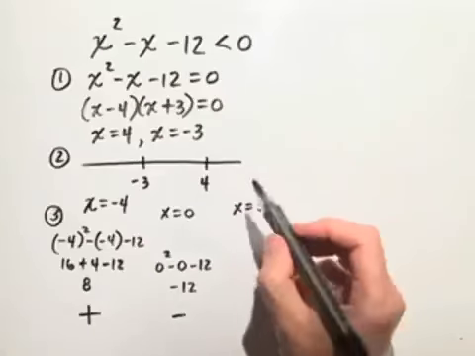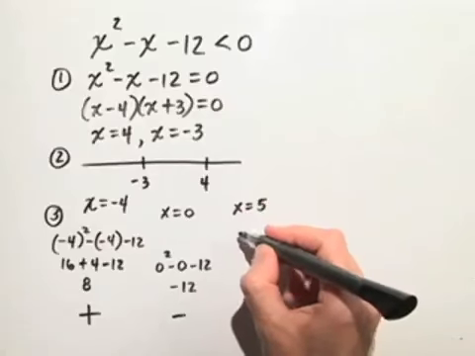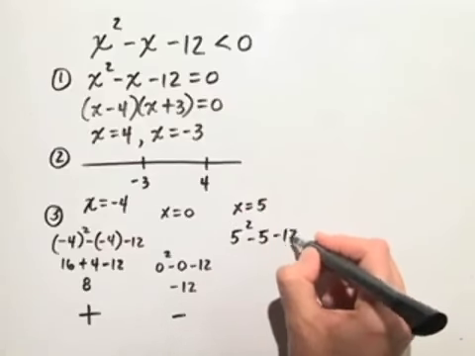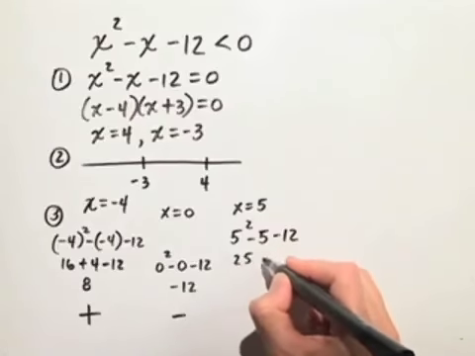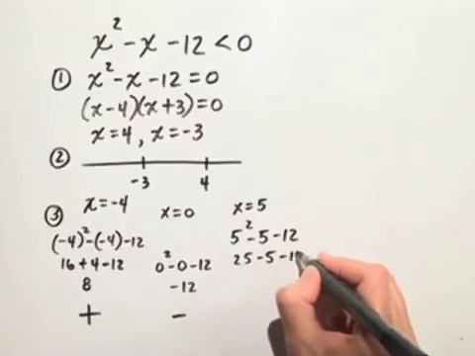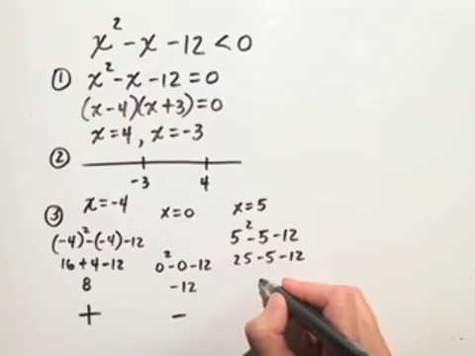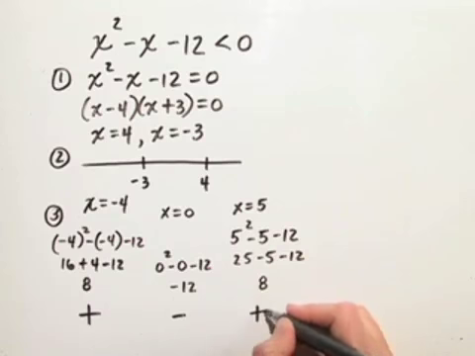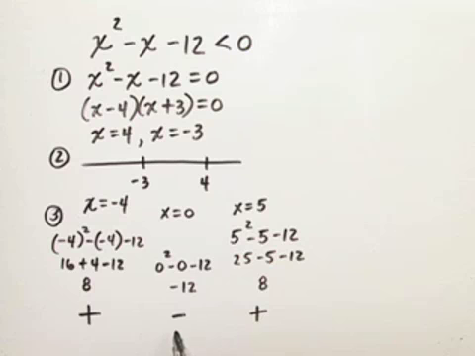If we substitute this into our quadratic equation, we have 5 squared minus 5 minus 12, which gives us 25 minus 5 minus 12, which gives us a value of 8. So that's positive. Now we can see the intervals where this function is positive and the interval where it's negative.